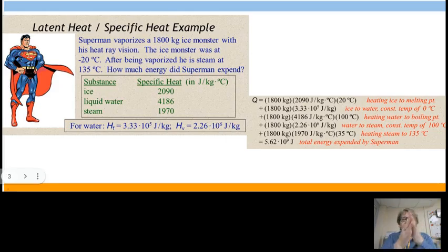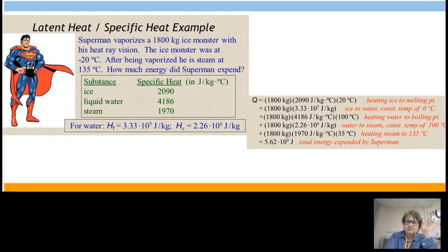Okay, so in this example, we have Superman, and he's vaporizing a 1800 kilogram ice monster with his heat ray vision. The ice monster was at negative 20 degrees Celsius, right?